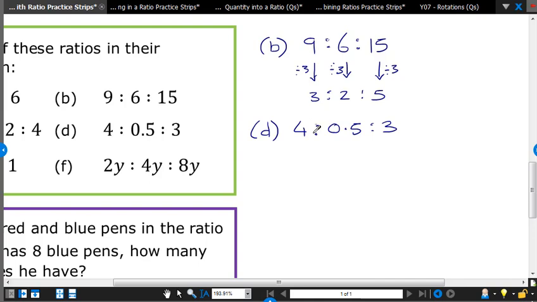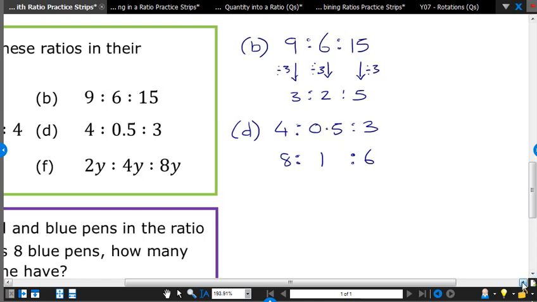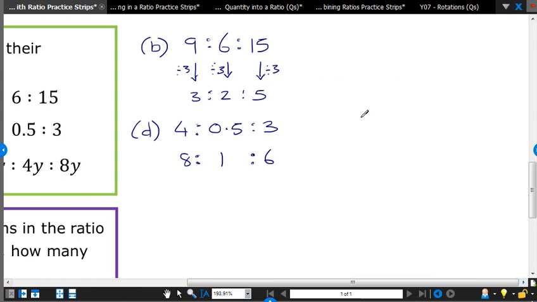So let's just multiply everything by 2. 4 times 2 is 8. 0.5 times 2 is 1. And 3 times 2 is 6. You could have multiplied by 10 here to get rid of the decimal if you wanted. There's a lot of things you could have done.